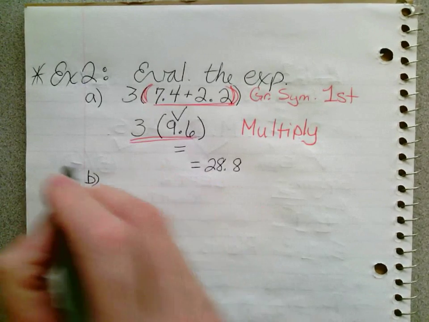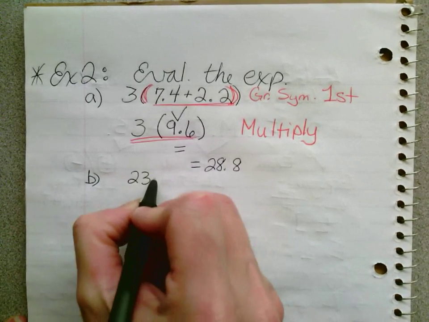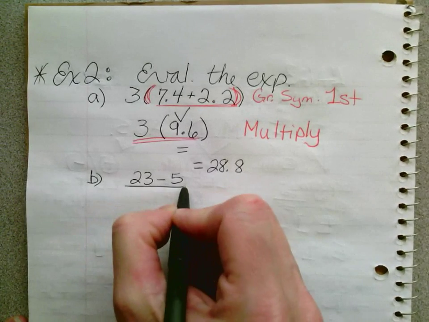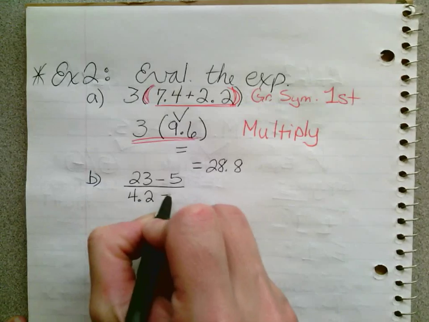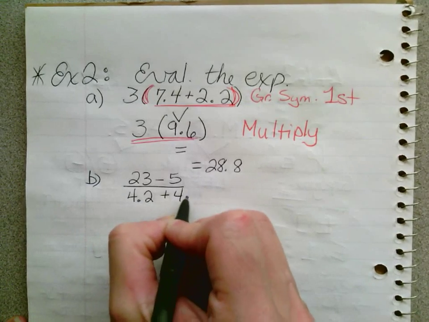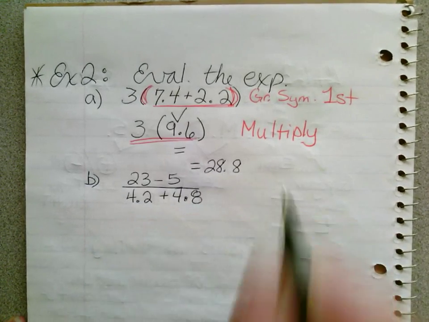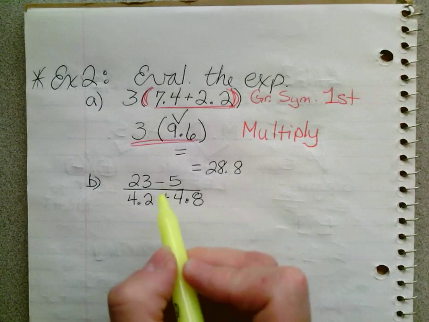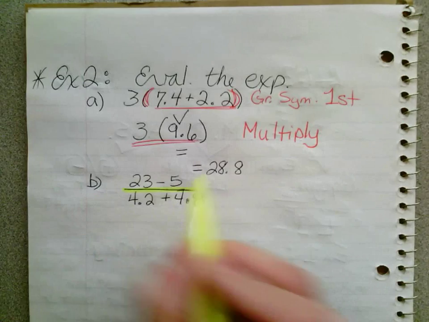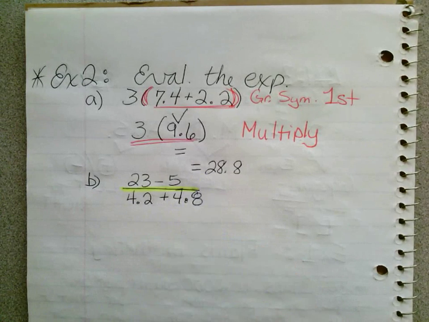Here's letter B. It's going to be similar to yours in your book, but it's different. I'm not going to read to you. Most of you might not recognize that that division bar is also a grouping symbol. Okay? That is a grouping symbol.